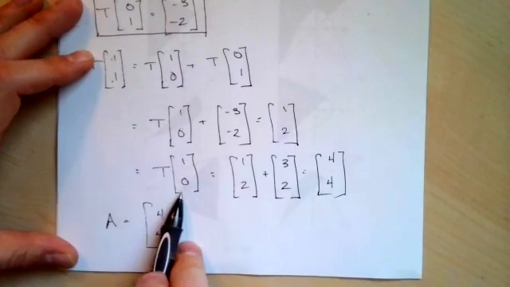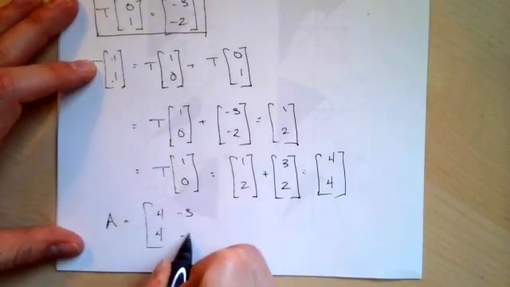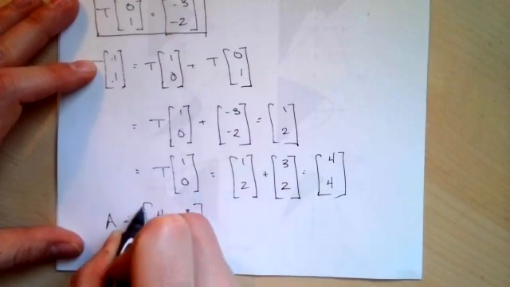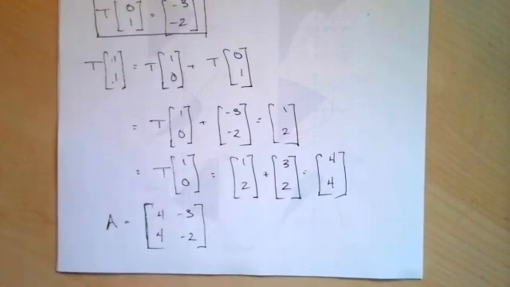So 4, 4 is the image of the first one, and then the other one was -3, -2. So that is generally the process.